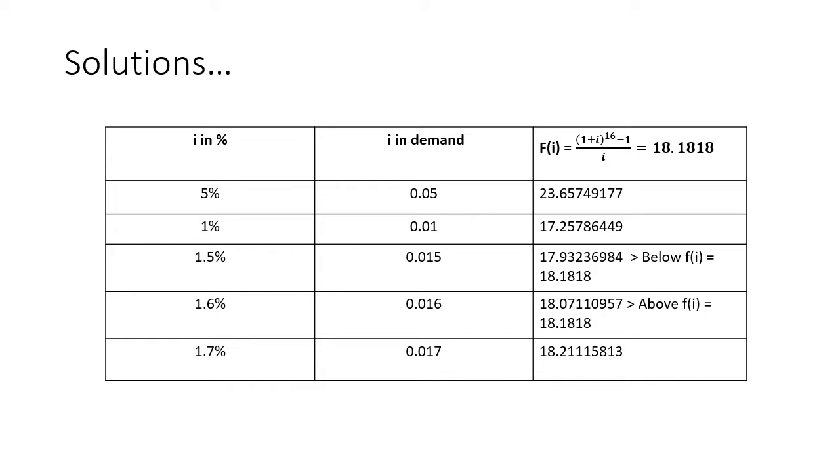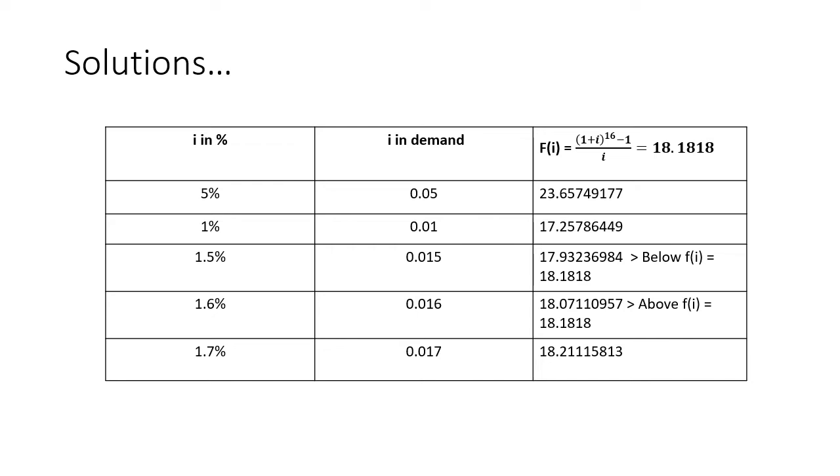Here I'm trying to look for a value that gives me below 18.1818 and a value that is above 18.1818. So we can see 1.5% gives us that value. If we substitute 0.015 in place of I into the equation, it gives us 17.93236. Now this value is what we're looking for, as it's below 18.1818.